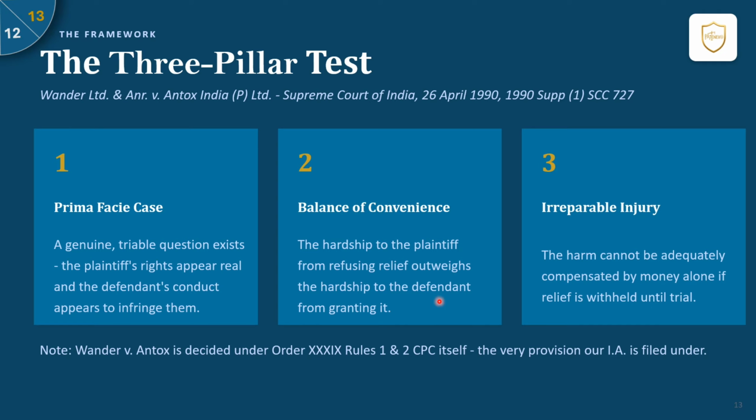One thing worth knowing about this case is that the Supreme Court also held that an appellate court cannot casually overturn a trial court's decision on an interim injunction. It can only interfere if the trial court acted arbitrarily or ignored settled principles, and that is a separate point. But it tells you how much weight the trial court's assessment of these three pillars carries. So get this right at the IA stage because it is hard to undo later.